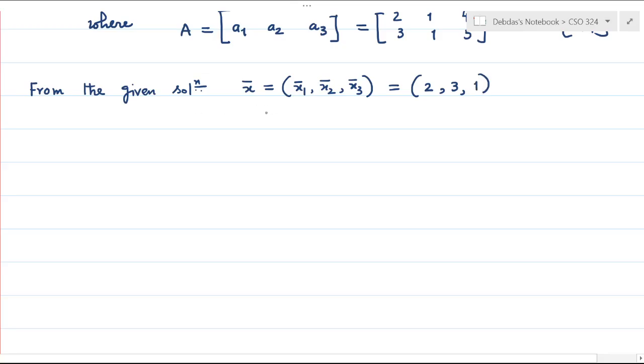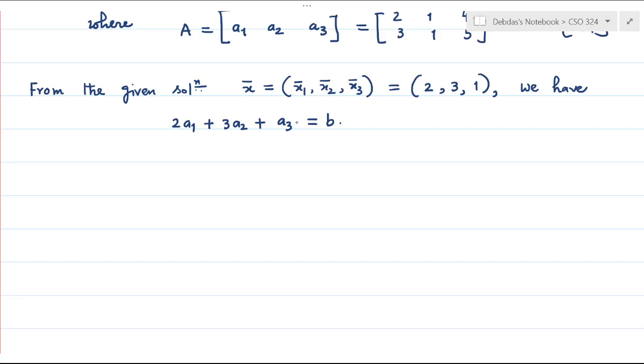And we have 2a1 plus 3a2 plus a3 is equal to b. Now let us check whether these column vectors a1, a2, a3 are linearly independent. If linearly independent, then obviously the solution x bar is a basic feasible solution because all the components of x bar are greater than or equal to 0 and Ax equals to b.